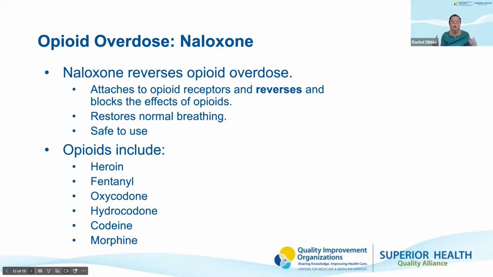It restores normal breathing. That's what we want to do because our mu receptor just told us to stop breathing. We just want to get back up, right? And it's safe to use.